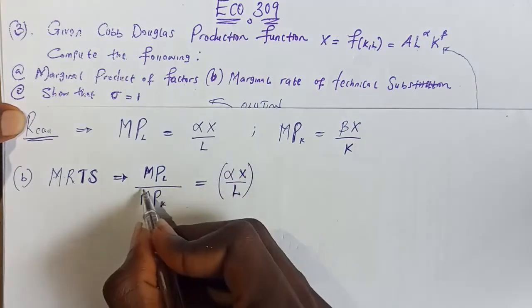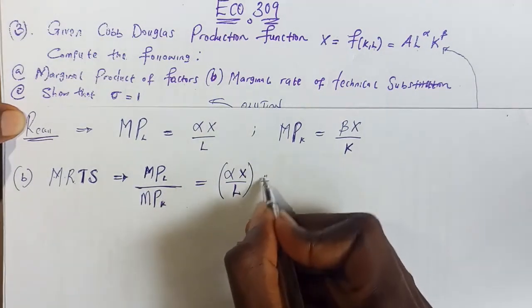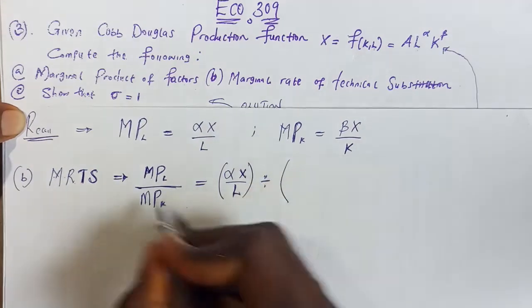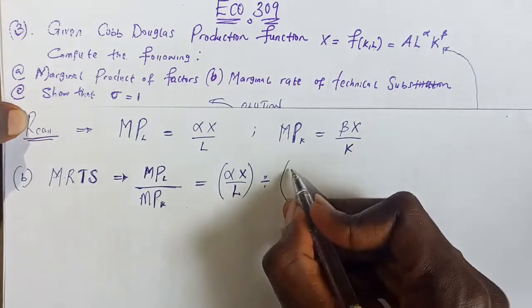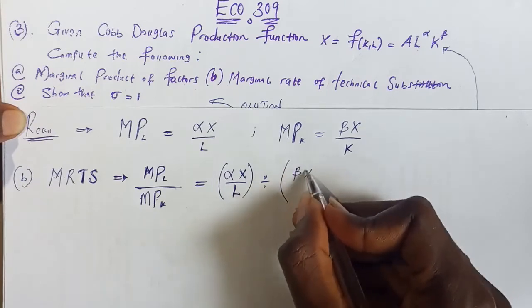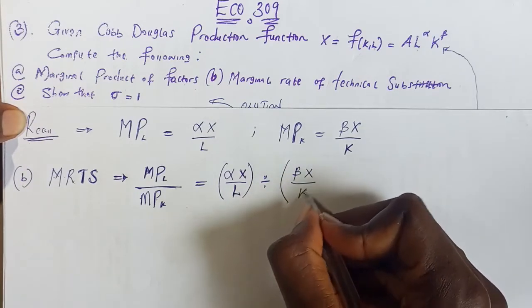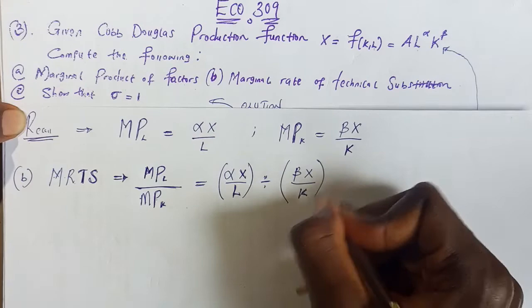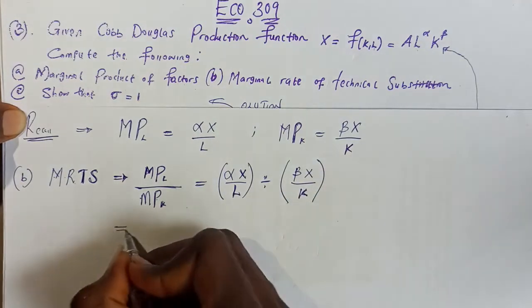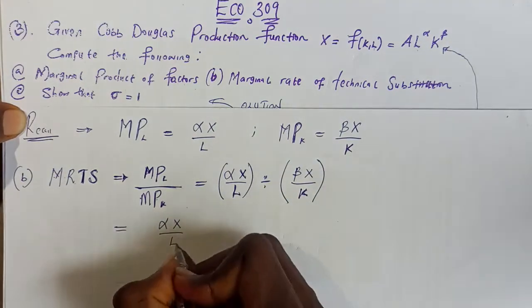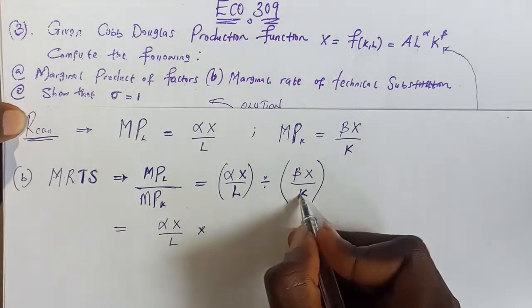So we need to divide it by the MPK, and the MPK itself is beta of x over k.